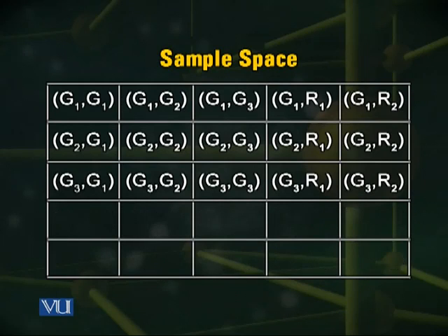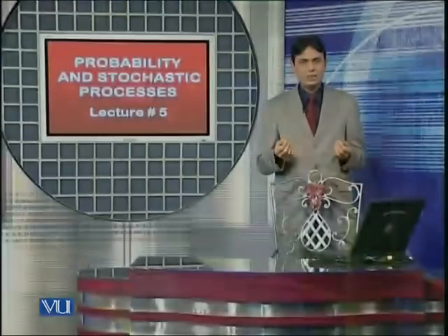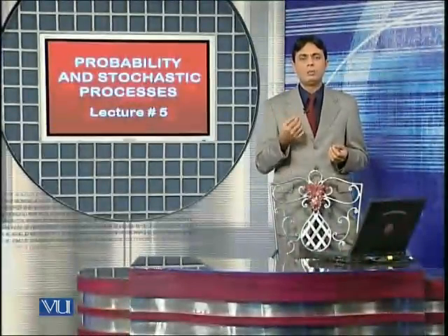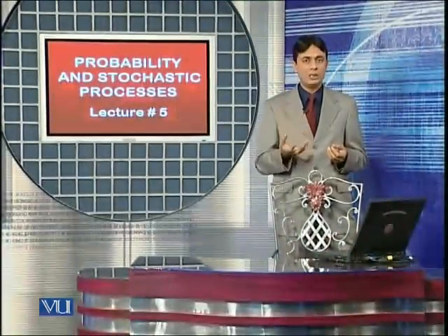Let's look at the first interesting event. The first interesting event is that the first ball was green. So if you look at this sample space, you can see that there are 15 entries where the first entry is G. It can be G1 or G2 or G3, but there are 15 entries where the first entry is G. So what is the probability of this event that the first ball observed was green?